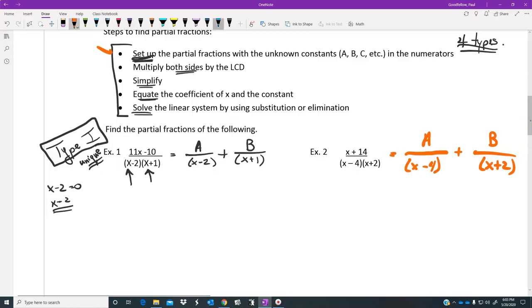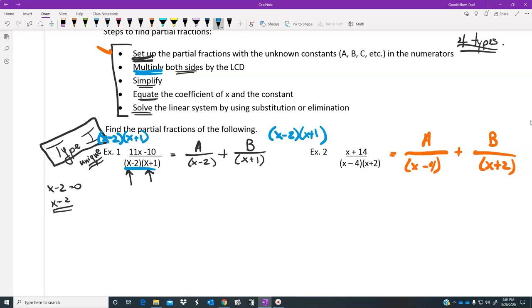Now, let's talk about what the second step here says. It says that we need to multiply both sides by the least common denominator. Well, the least common denominator is this value that's on the bottom right here. And I'm going to multiply each individual side by that entire denominator. So this one's going to be x minus 2 and x plus 1. And this one's going to get multiplied by x minus 2 and x plus 1 also.